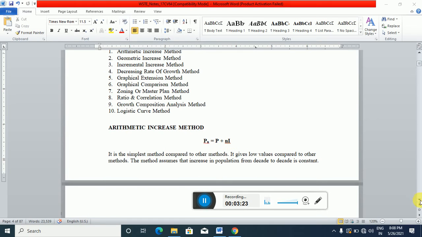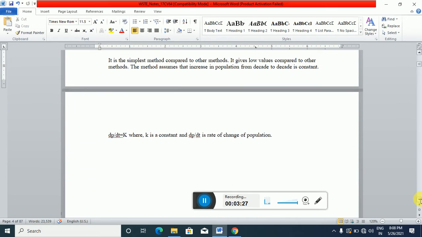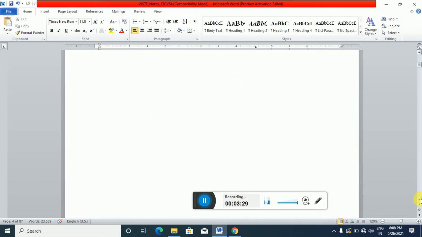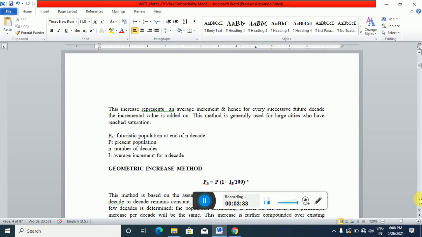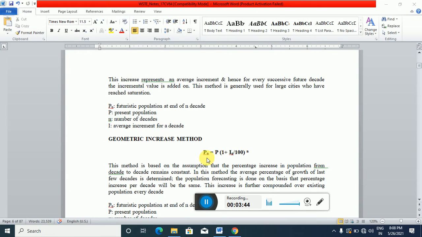Okay, so similarly we have another formula called the geometrical increase method. It is given by Pn is equal to P into (1 plus Ig divided by 100) whole to the power of N. Here also Pn represents the forecast population for the next decade for which it is required, and P is the population of the last decade.